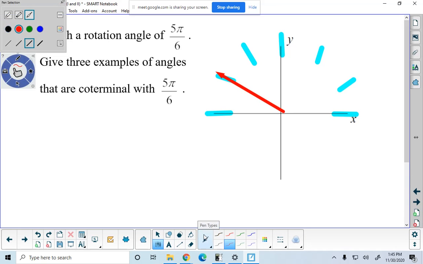And now this is going to be challenging for me to explain because you can't see my arms. This is 5 pi over 6. I'm going to continue to put marks of pi over 6 here. So that's 5 pi over 6.